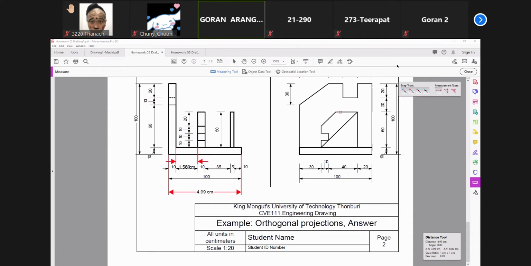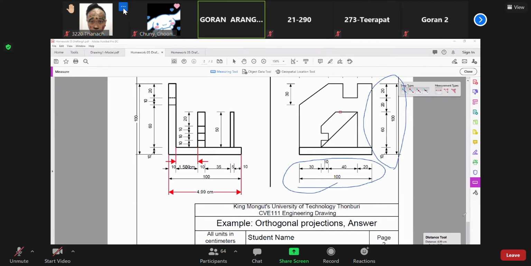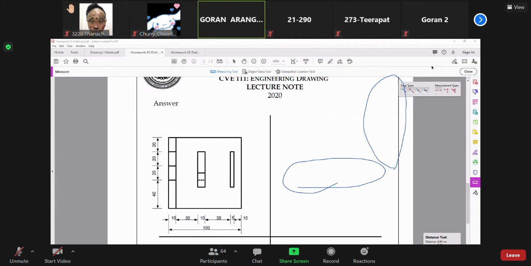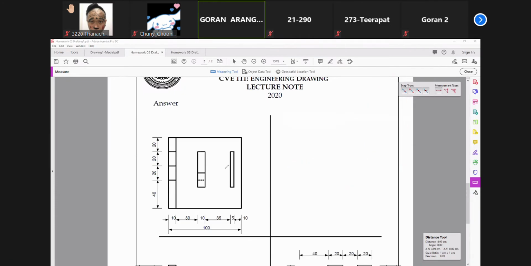So on your drawing, all these dimensions should be included. Bear in mind that dimensions should be included in the way that if you would like to construct something, you will be able to give the measurement.